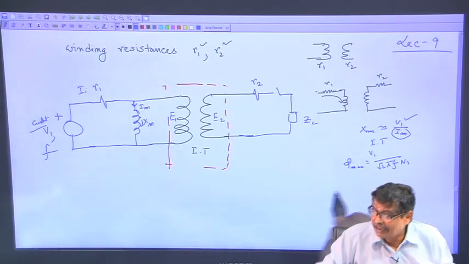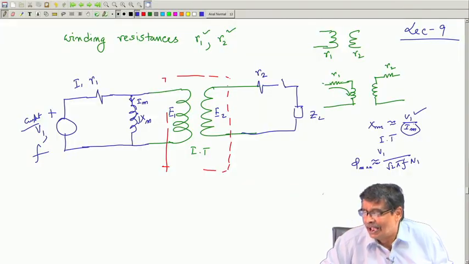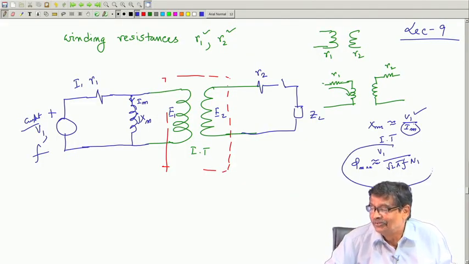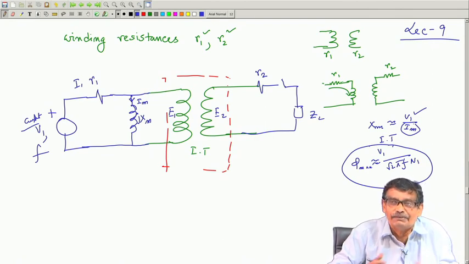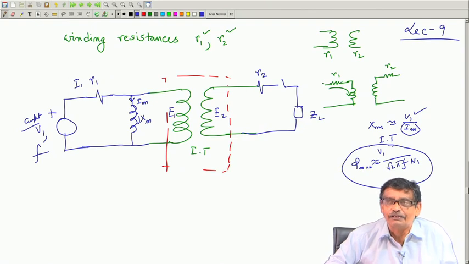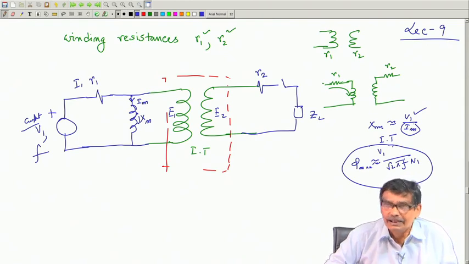Therefore, what people say is that phi max will be approximately constant, because you have certainly not designed a transformer with a high value of R 1 and R 2, otherwise no one is going to buy your transformer. There will be unnecessary power loss in the windings.